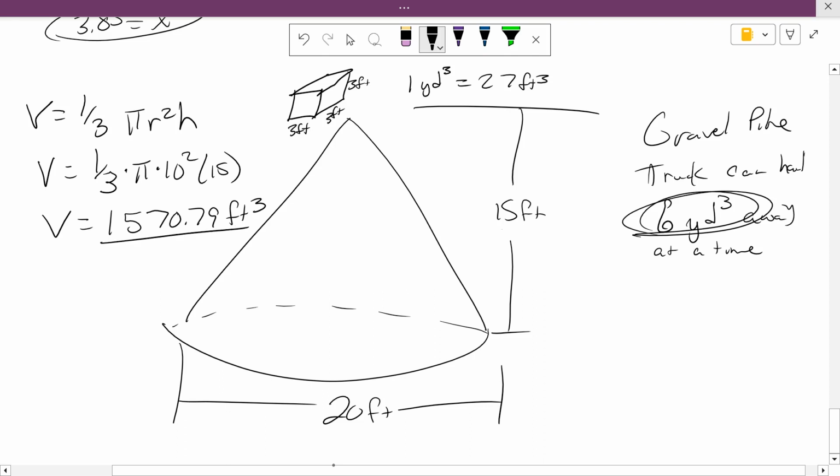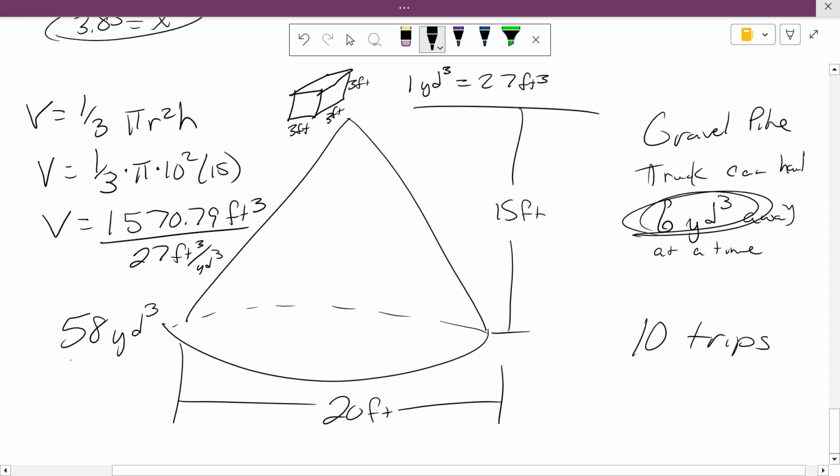So you take this number divided by 27. What do we get? 58 cubic yards. The truck can haul 6 yards at a time. How many trips is it going to take? Basically 10 trips, because it's 9 point something something, so you just round it up to 10.